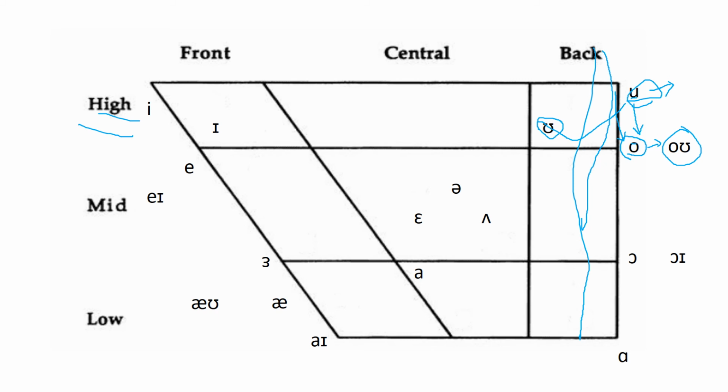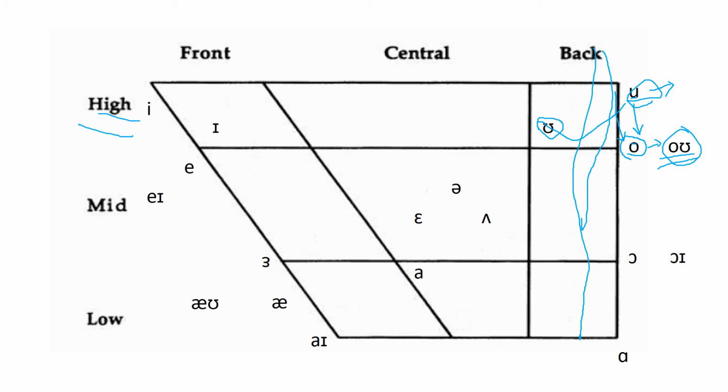This is actually a diphthong. When we say diphthong, there is a change in the pronunciation in the middle of the word. So this is an example of a diphthong. So from o, it goes down to oo, like go, show, only.